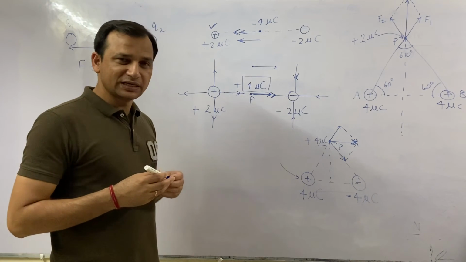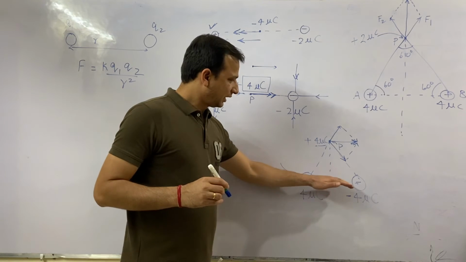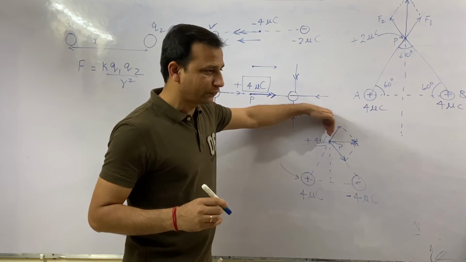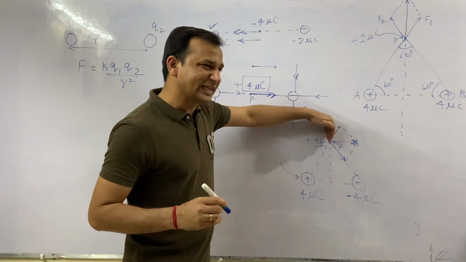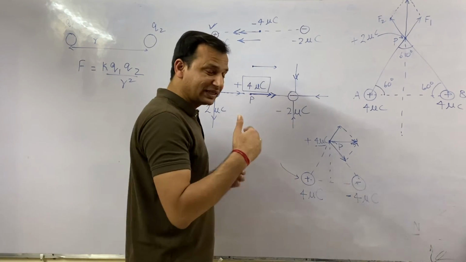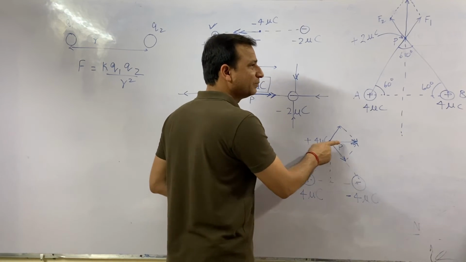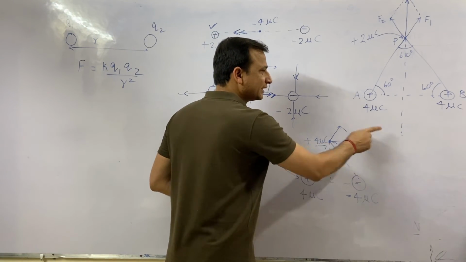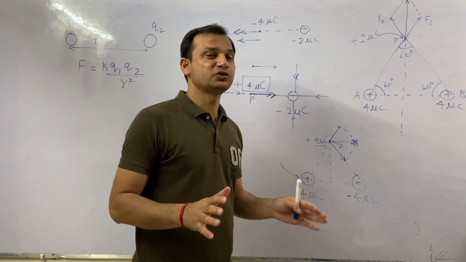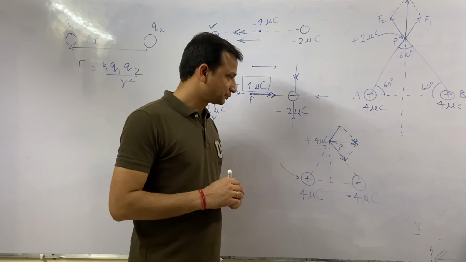So what we can say here, when there are positive and negative charges, and due to those two charges we are finding the direction of force somewhere on the equatorial plane, then the direction of force acting at that point will be towards the negative charge. This is a general statement, may not always be true. You have to consider the angle and other things as well.